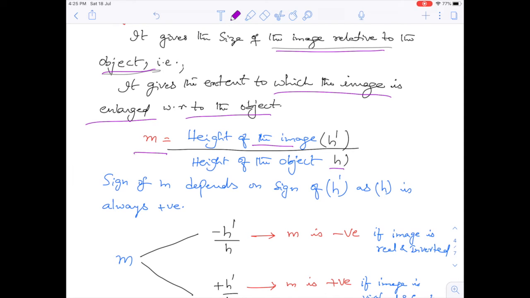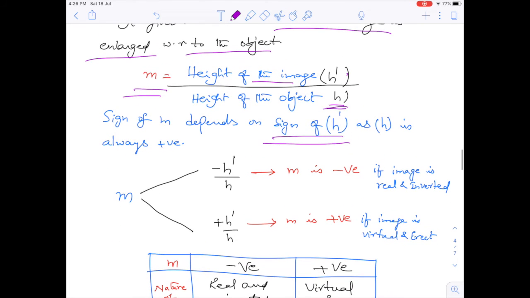Now, sign of this m depends on, basically h is always positive because height of the object is always above the principal axis, therefore, it is always positive. H is always positive, therefore, it depends on sign of the image h dash.